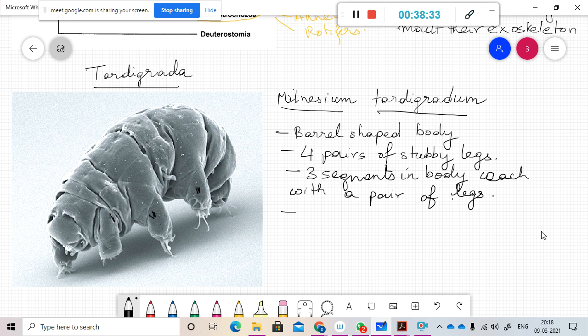And you have a caudal segment, the last segment, with a pair of legs. Then you have a head also present. So this is how the tardigrades look.